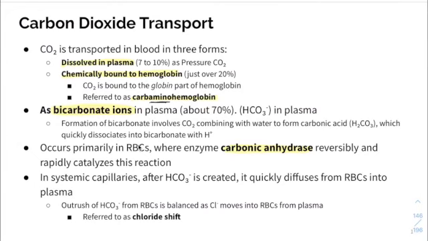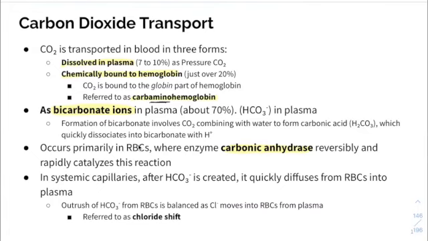After we make that bicarbonate ion, it's going to go from the red blood cell where this reaction occurs, and diffuse back out into the plasma where it travels through the veins back to the heart, which then pumps it back to the lungs.